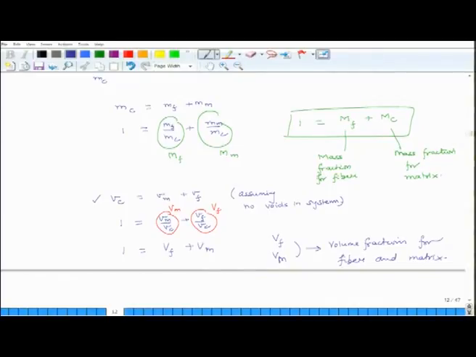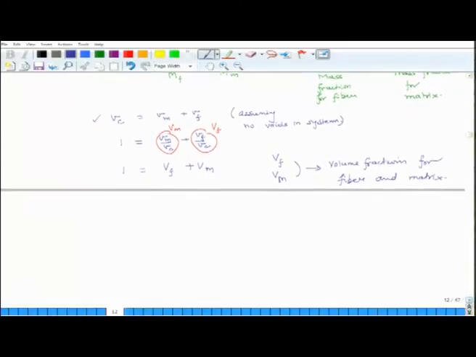So, there is a mass fraction and there is a volume fraction. If there are some air pockets, then you have 1 equals volume fraction of fiber plus volume fraction of matrix plus volume fraction of air. Okay.